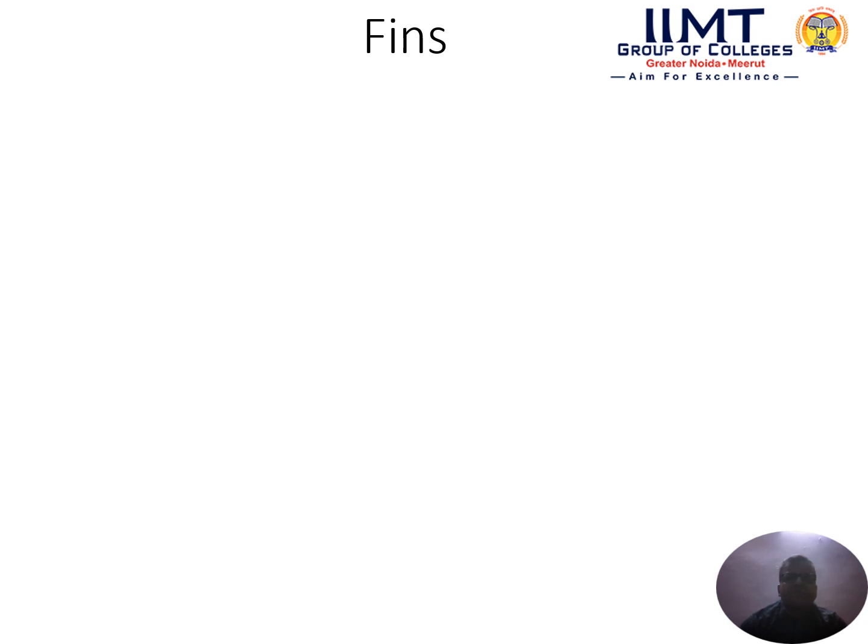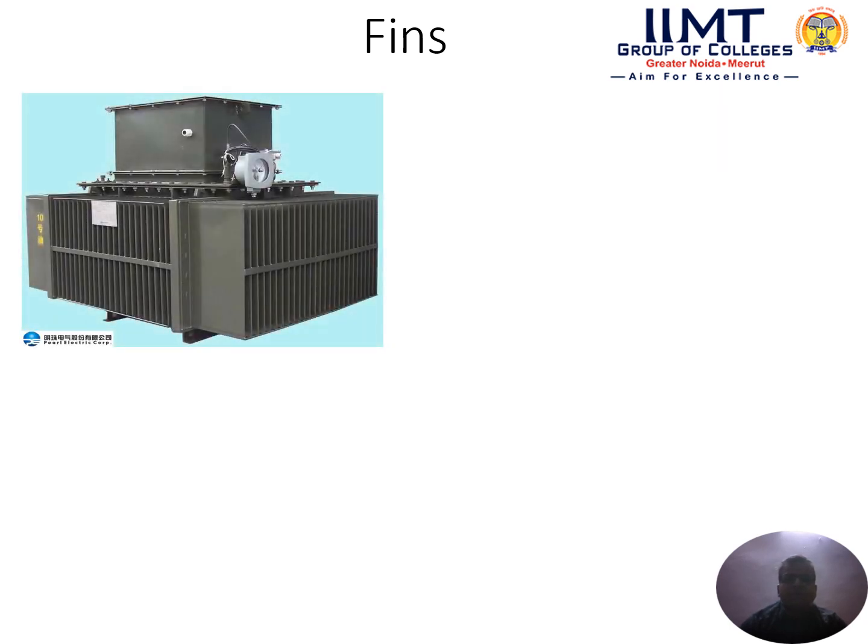Before I start the topic fin, let us take an example. This is a transformer. The transformer has coolant oil for the cooling purpose, and in the transformer there is a continuous conversion of electrical energy into heat energy.